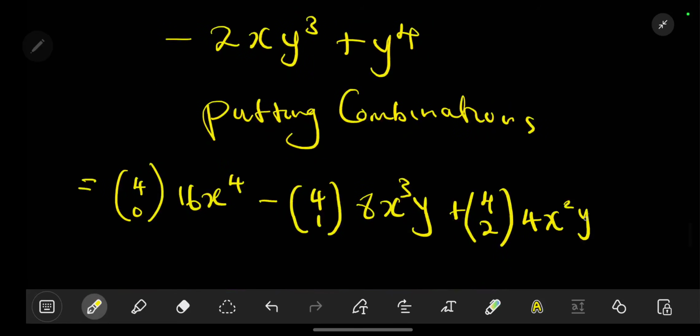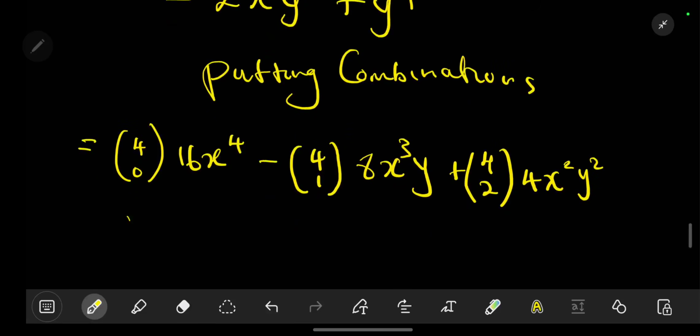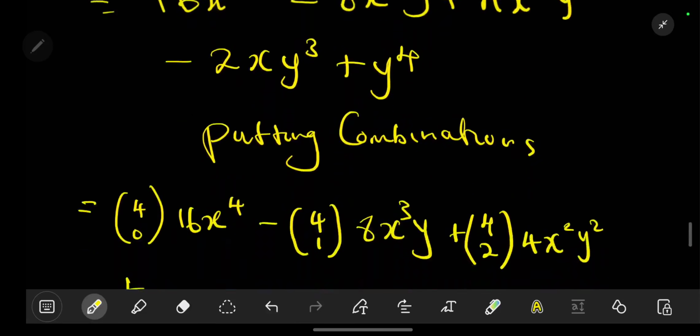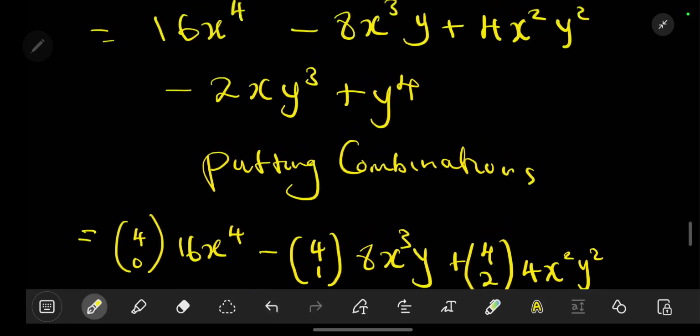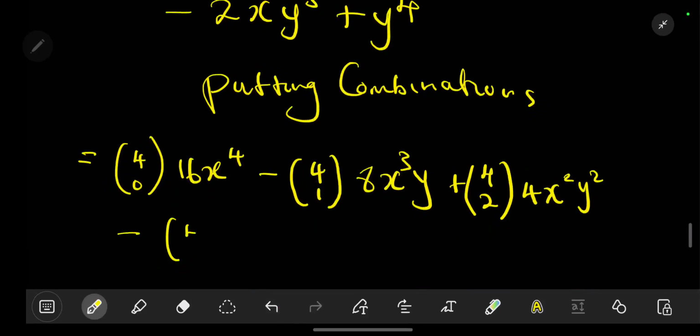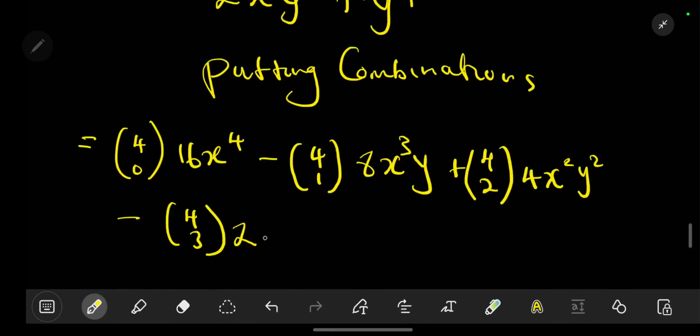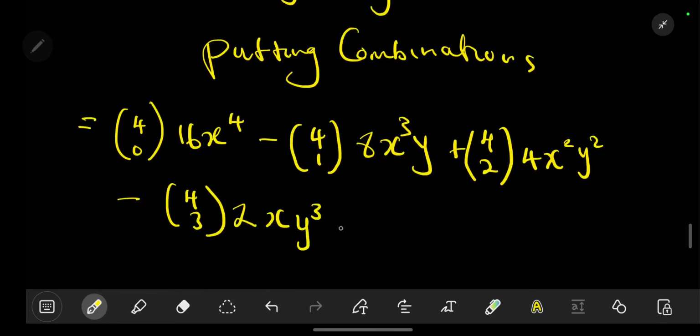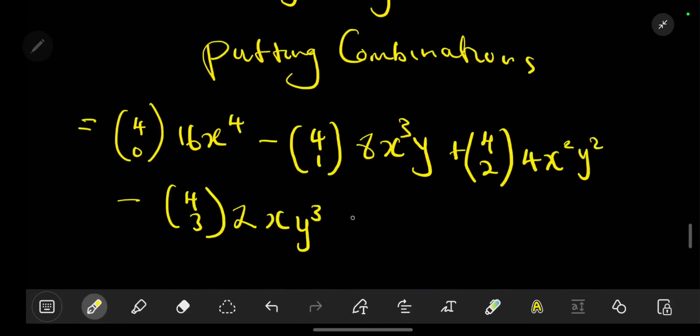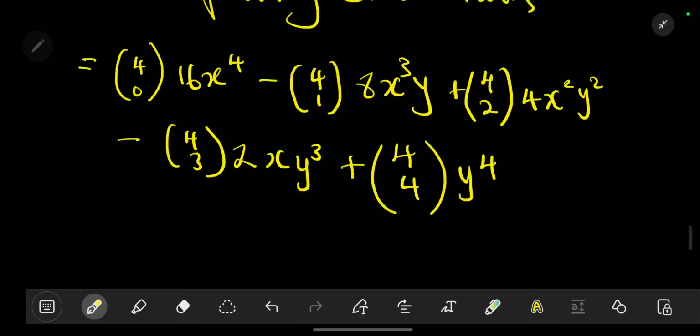Then minus 4 combination 3 times 2x y cubed. Then plus 4 combination 4 times y to the power of 4.